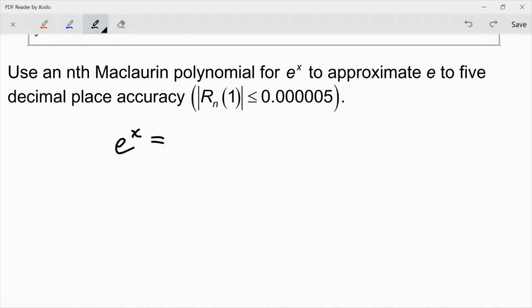Okay, so when I do this, first of all, remember we found this earlier. We know the series for e to the x looks like this, from n is 0 to infinity, x to the n over n factorial. That was my series.